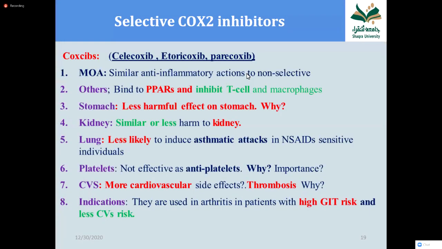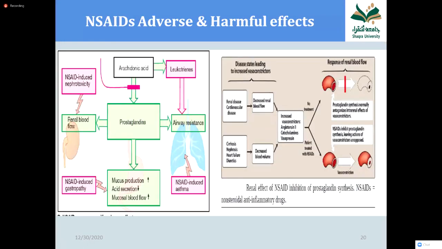Now, the effect on the kidney. They have various side effects such as nephrotoxicity, gastropathy, and asthma, because of more leukotriene production. When arachidonic acid is not able to produce prostacyclin, it will be converted into leukotriene and cause asthma.